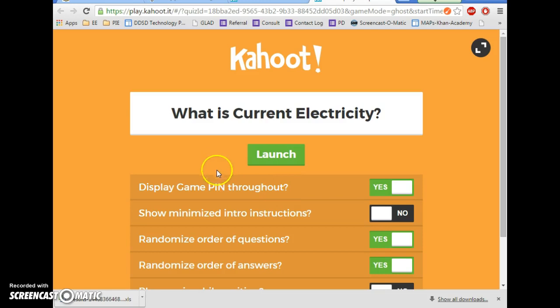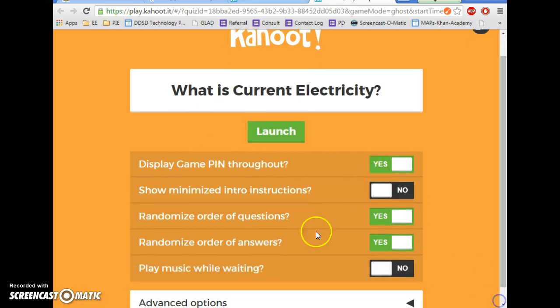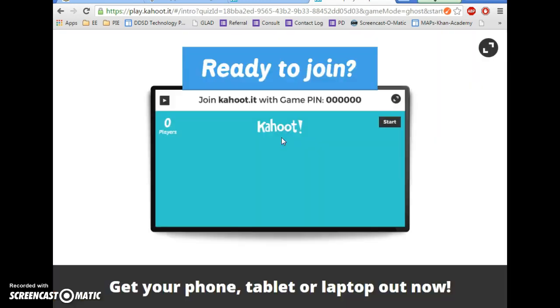It's loading. What I would suggest is on this homepage to keep the pin up at all times in case your Chromebook gets disconnected for any reason, but always put the pin up there. These settings are the best, I guess.